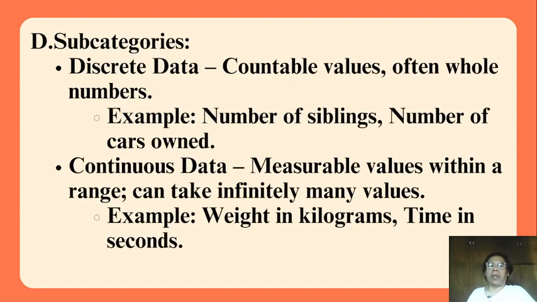Subcategories of quantitative data, discrete data, and then continuous. So when we say discrete data, these are countable values and often whole numbers. Example, the number of siblings, the number of cars owned.